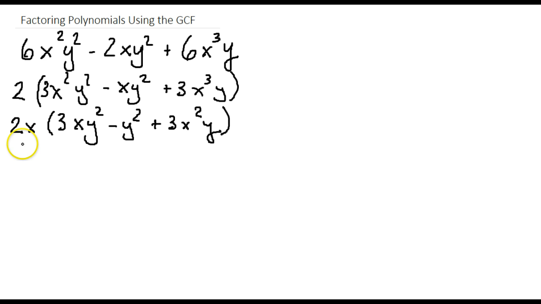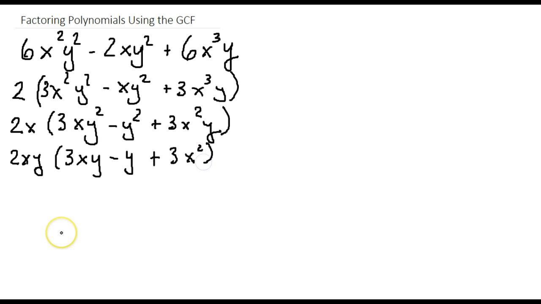So outside the parentheses we have 2xy, open parentheses, 3xy squared, pull out one of those y's, we have 3xy, minus y squared, pull out one y, so we have minus y, plus 3x squared y, we have one y to pull out, so we're left with 3x squared. So that is our completely factored polynomial. So we have 2xy times 3xy minus y plus 3x squared.